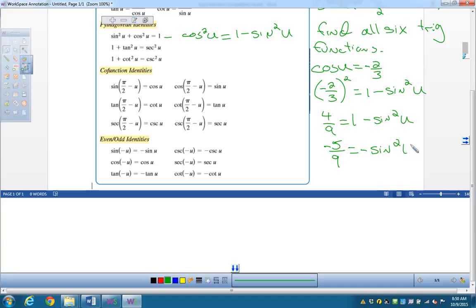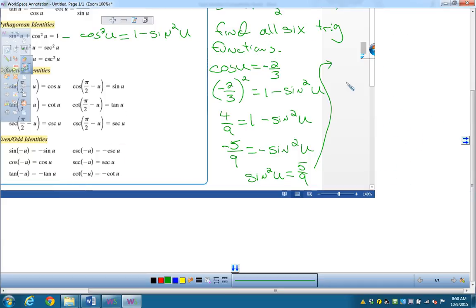So you could get rid of the negatives and say that sine squared u equals 5/9. So sine of u equals the square root of 5/9, plus or minus. Sine of u is equal to square root of 5 over 3.